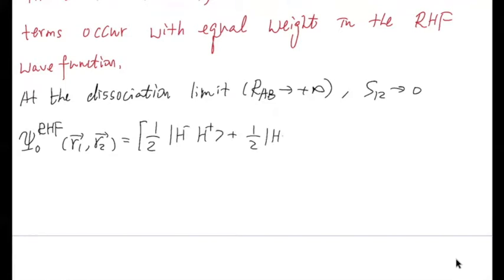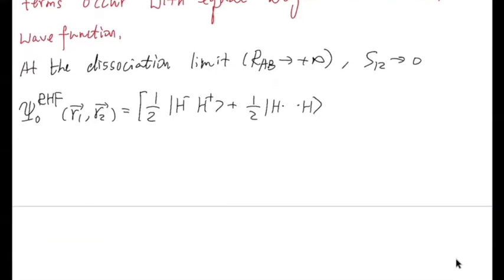1/2 the covalent structure, each hydrogen donates 1 electron, plus 1/2 another covalent structure, this time electron 1 is on hydrogen 2 and electron 2 is on hydrogen 1, plus another ionic contribution, H plus H minus, and another ionic H minus H plus.